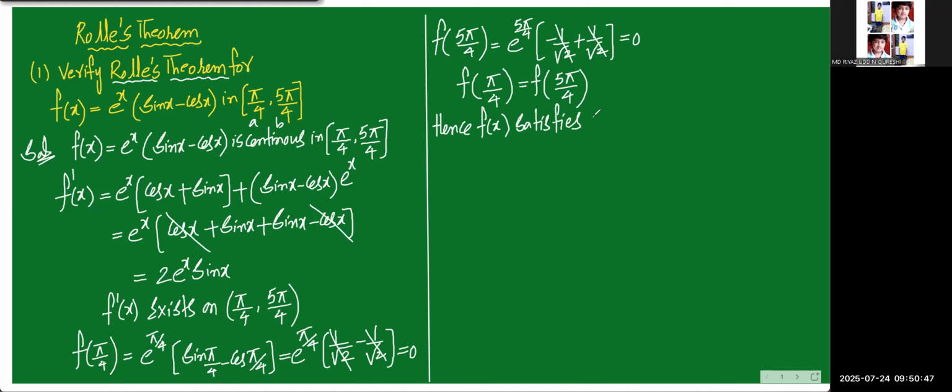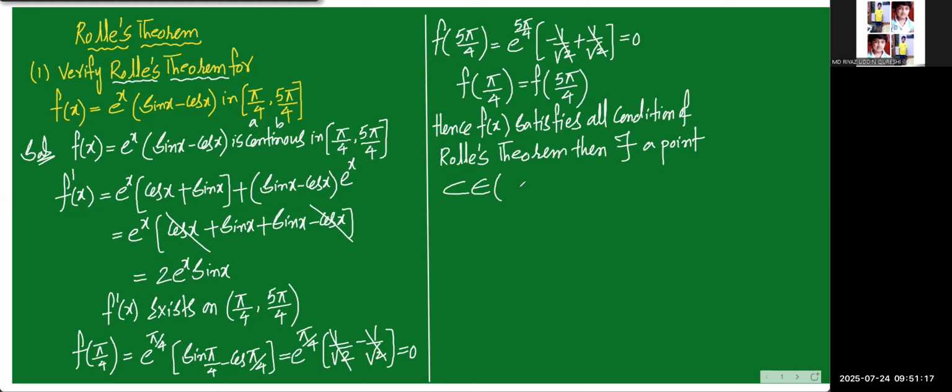Then by Rolle's theorem, there exists a point c belongs to a comma b. A value is pi by 4, b value is 5 pi by 4.